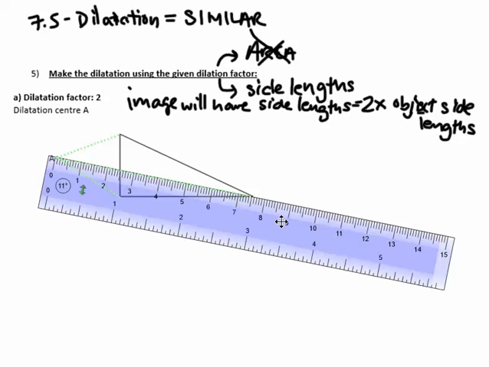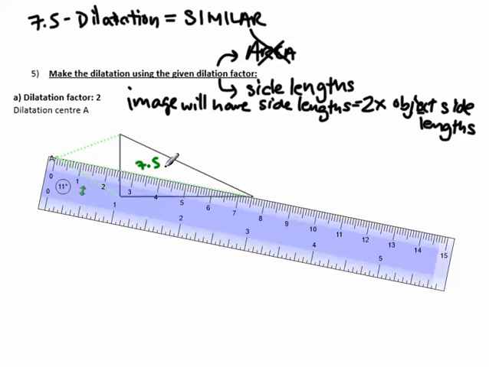On your page, it'll be completely different. So on my page, I have 7.5 centimeters. That means the image will be at twice that because the dilatation factor is 2. My new point will be at 15.